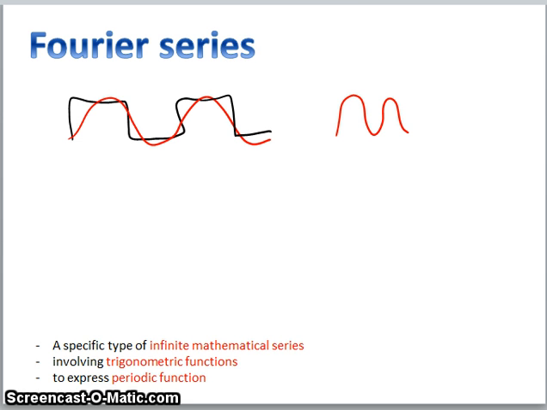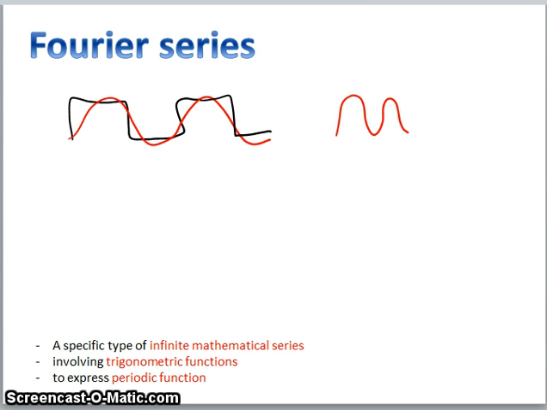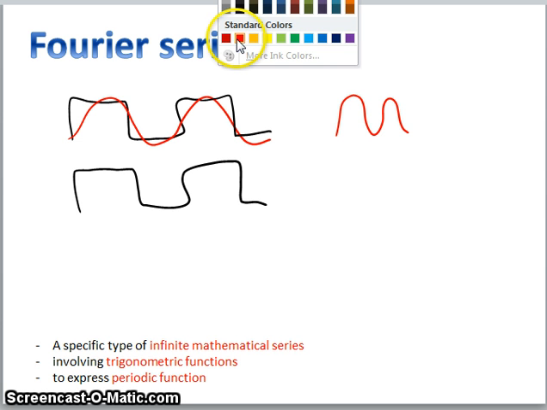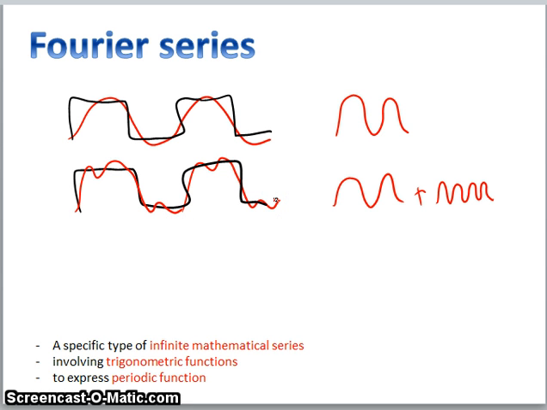So let's say now I continue by adding more terms inside this function. So now I have this square wave. Okay, then I will consider the first term plus the second term, which will result in this wave, approximately.